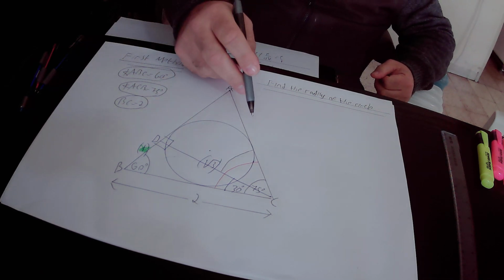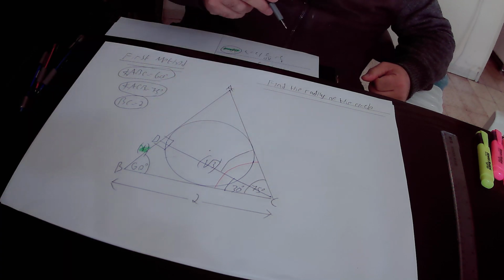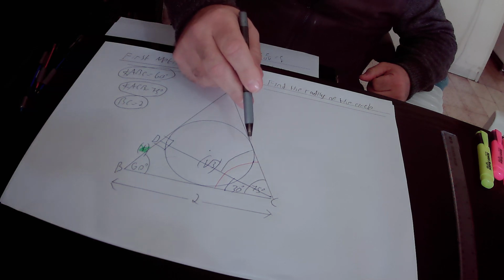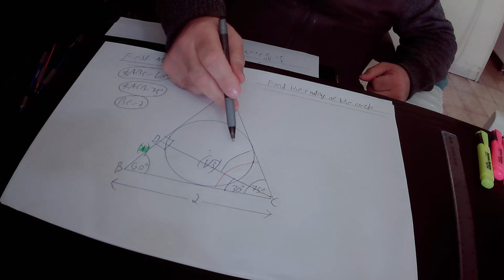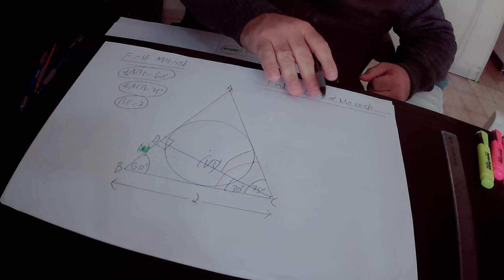The missing angle ACD equals the big angle minus the small angle. So the big angle is 75 degrees, the small angle is 30 degrees. 75 degrees minus 30 degrees is 45 degrees. So the missing angle ACD equals 45 degrees in size.